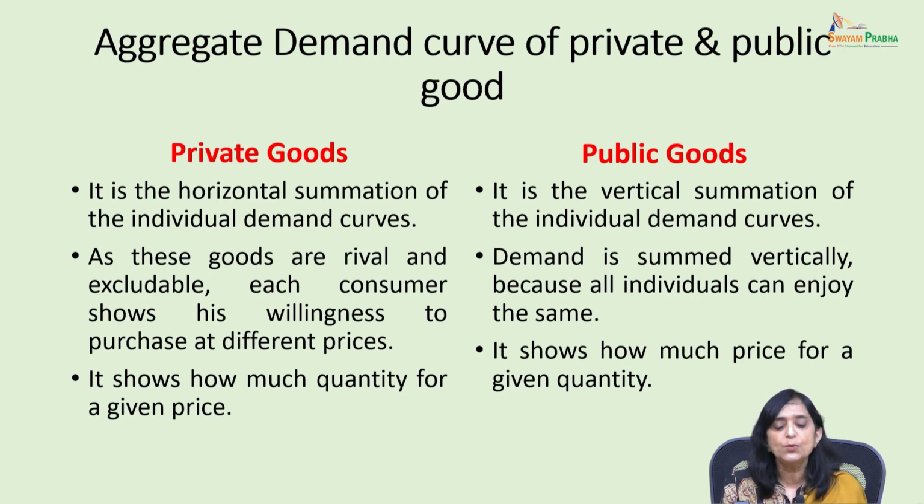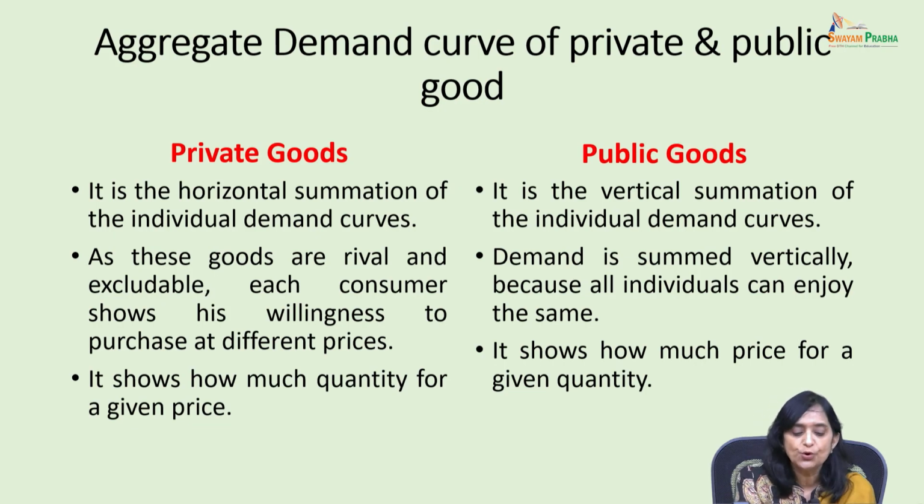So eventually, each consumer is showing how much they are willing to pay at a particular price, and the producer, by adding up the total demand of, let us say, A plus B plus C at a price of 10, can derive the market quantity demanded which needs to be supplied.